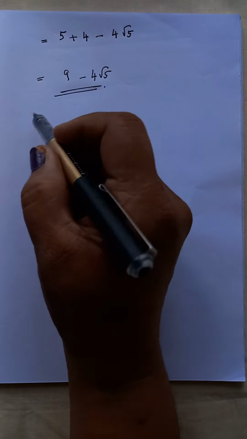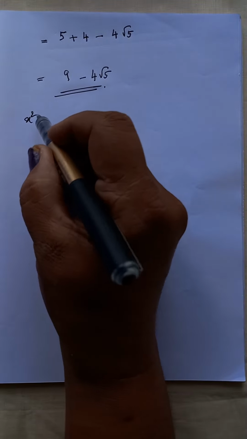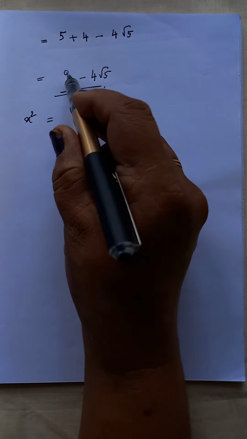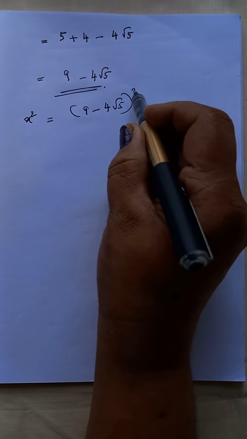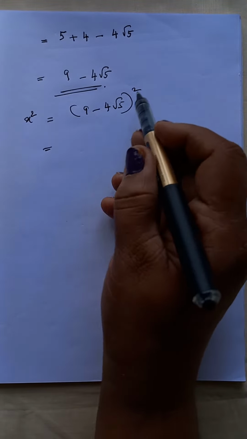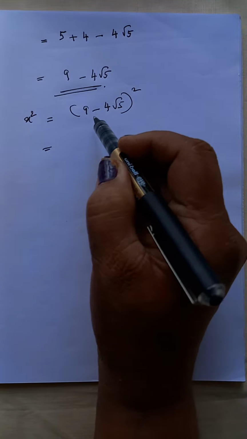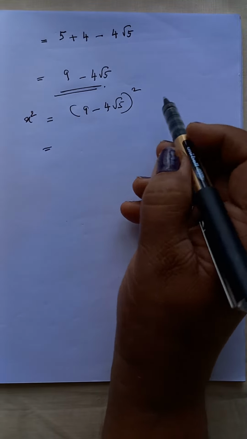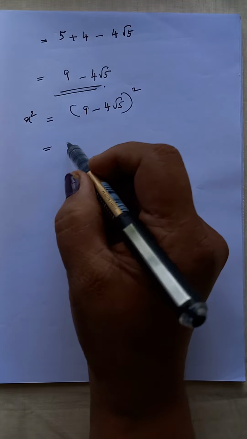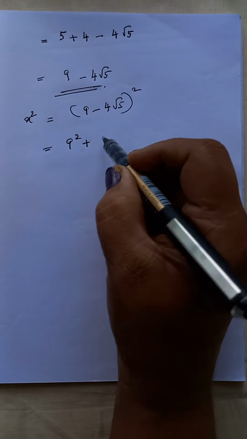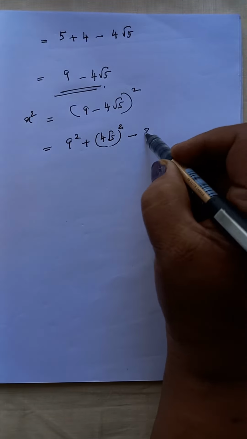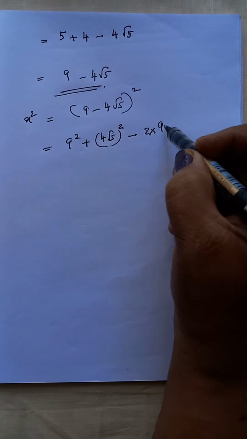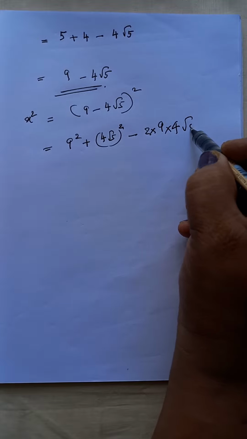Now this is 5 plus 4, 9 minus 4 root 5. This is x. We have to find out this x square. So that is equal to x, which is 9 minus 4 root 5, whole square. That is in the a minus b whole square form, so a square plus b square minus 2ab. So 9 square plus 4 root 5 square minus 2 into 9 into 4 root 5.